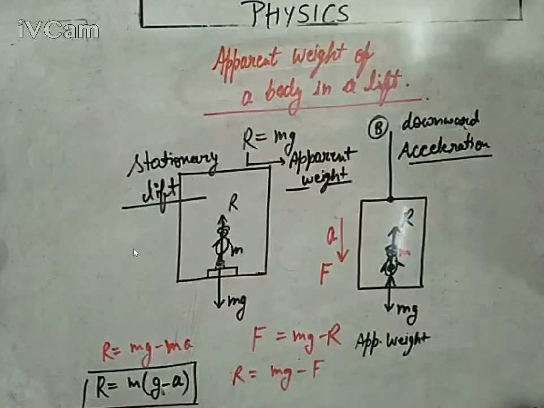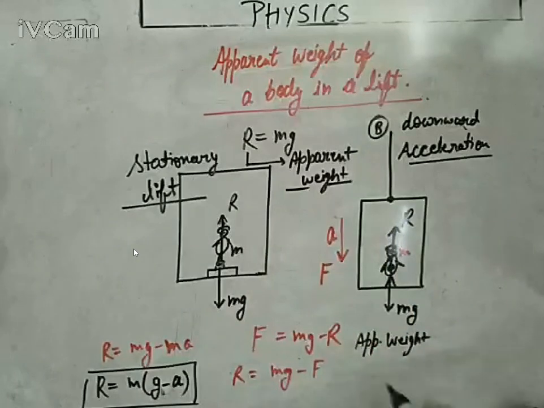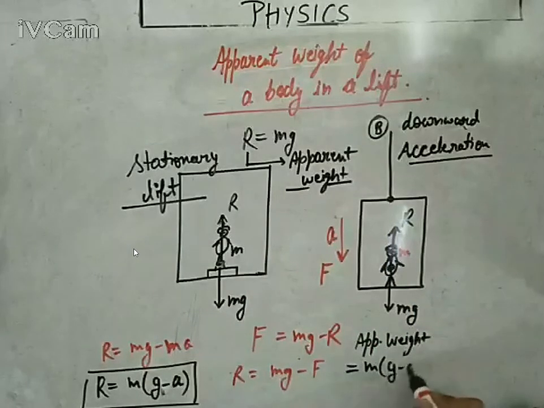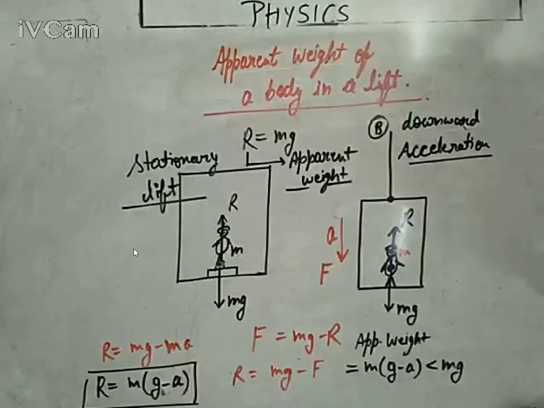R is responsible for the apparent weight of the person. So the apparent weight would be m(g minus a), and since something is being subtracted from g, it would be less than the actual weight of the person, meaning the person will feel lighter as compared to his actual weight. So this is the condition for downward acceleration.